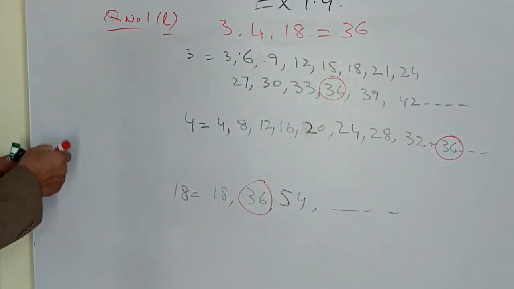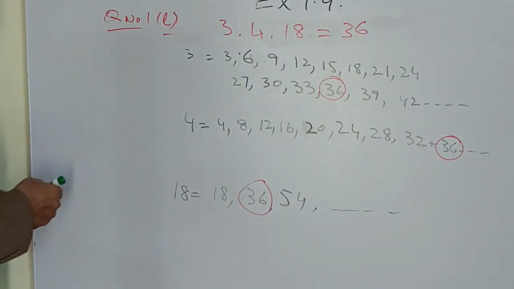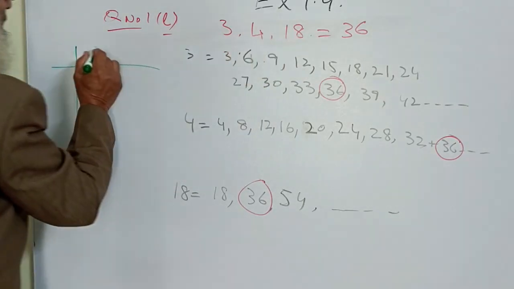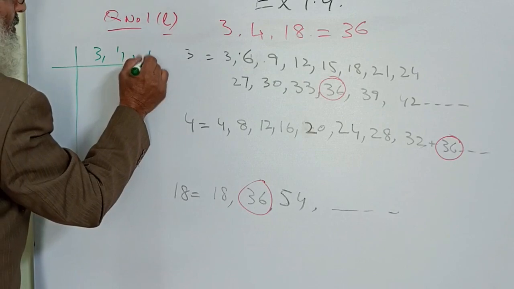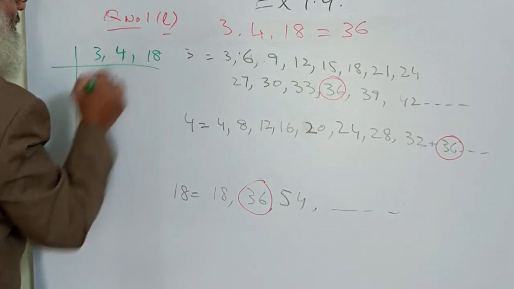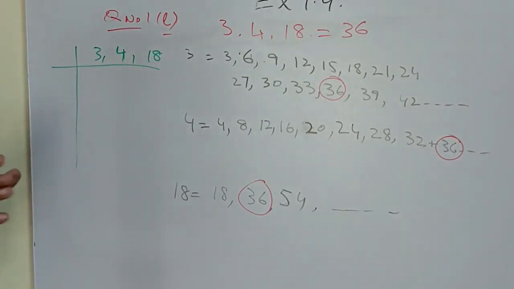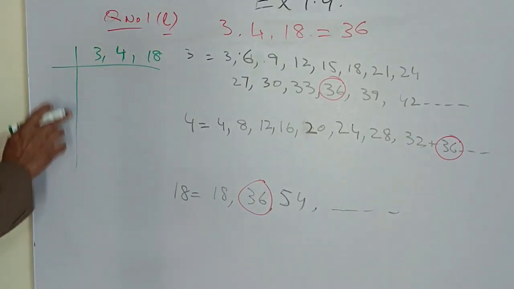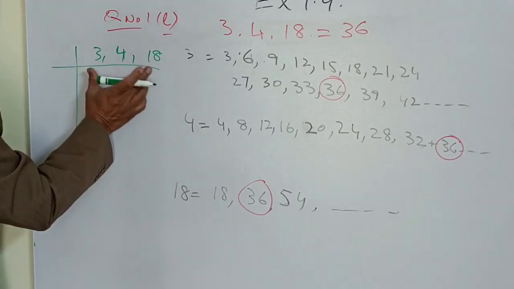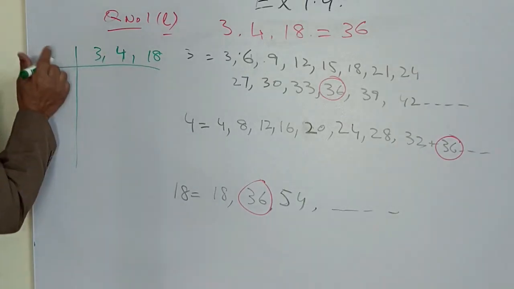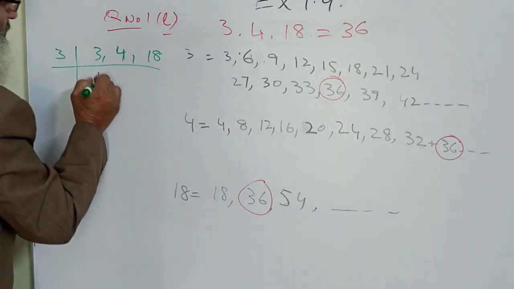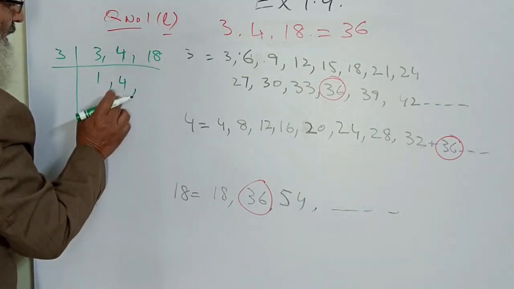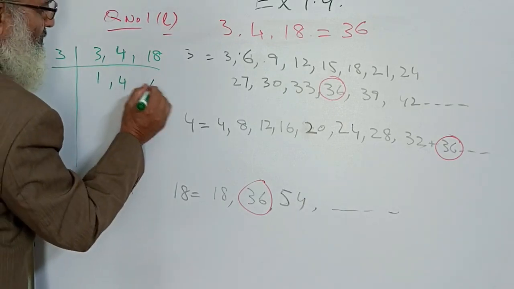We can also do this question like this. Write all three numbers. First of all, I take the number which can divide two of these numbers. 3: 3 ones are 3 and 4 is not divisible, so leave it as it is. 3 sixes are 18.